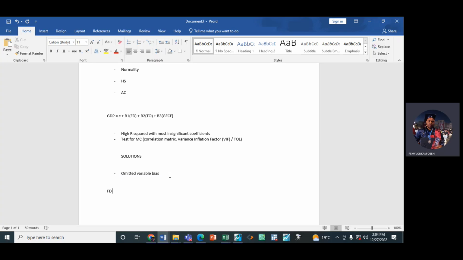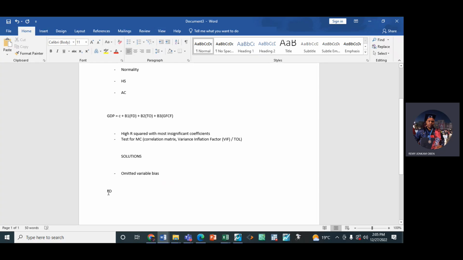You can use financial development index. You can also use domestic credit to private sector. You can use market capitalization. I mean, there are many measures you can use to measure just financial development, many proxies. So if you're using a particular proxy and it is causing multicollinearity, then try a different proxy. You understand? Just because you cannot take off the variable totally.